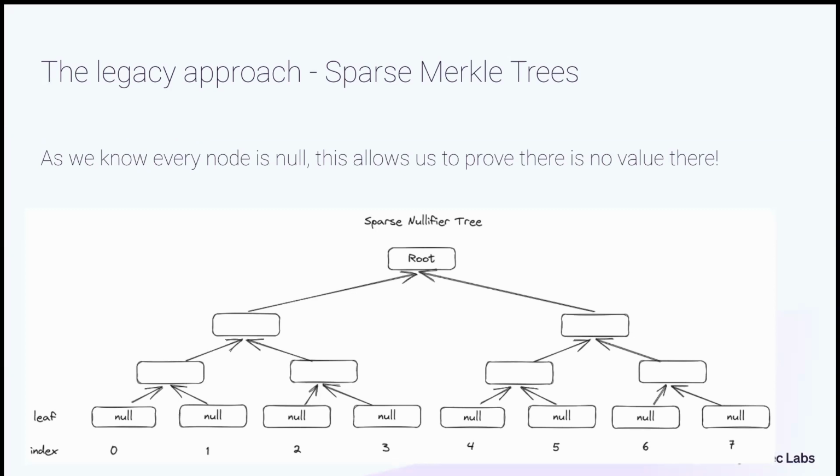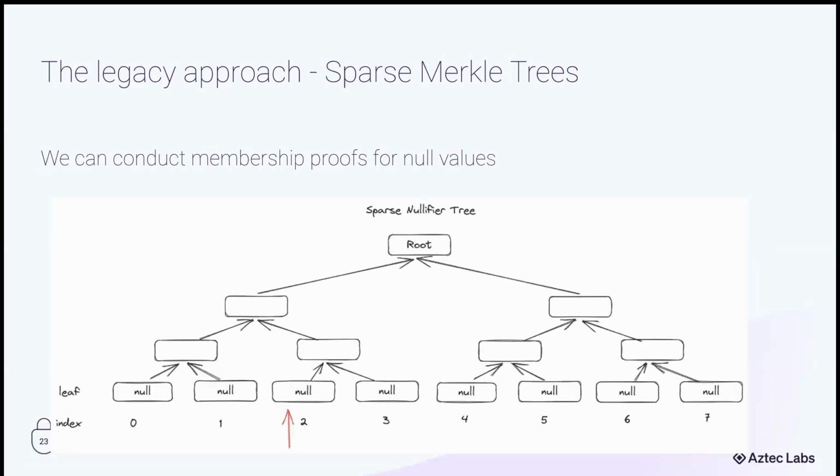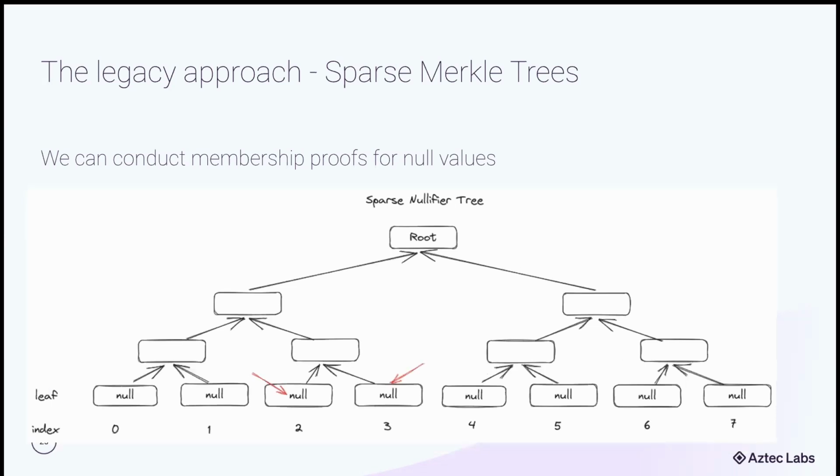This allows us to prove that there was also a null at that point in time. So if we can go all the way down, we can also go up, starting from the nullifier that we want to prove is not yet spent, and compute the root. So this is like a Merkle path membership, where we're essentially saying if we want to show that the value 2 is not in the nullifier tree, we can start at index 2 in this case, and then we start doing normal Merkle membership proofs from here.